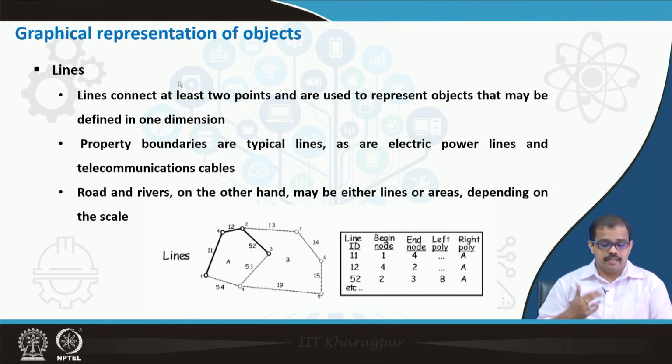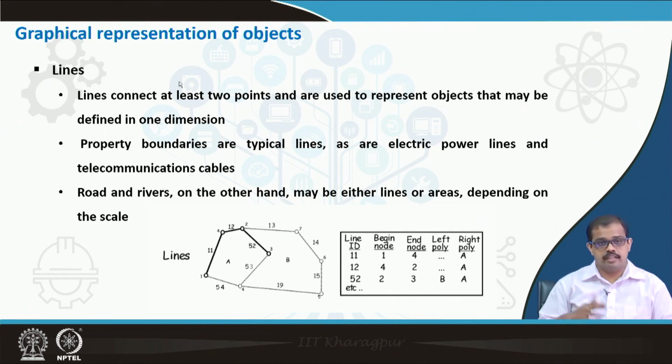Boundaries are typically lines, such as electric power lines, telecommunication lines, cables, etc. Roads and rivers, on the other hand, may be either lines or areas. So you should be extremely careful. Roads can be lines in very coarse resolution data. If you have very good resolution data, then roads can even be polygons.